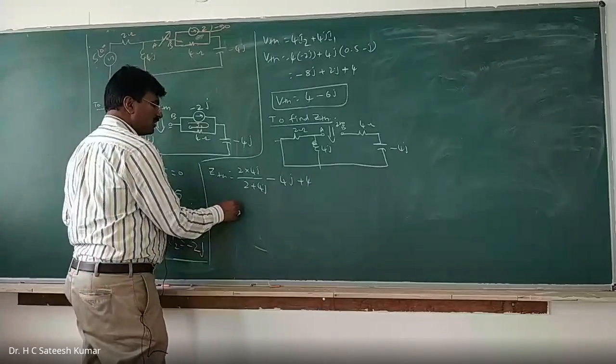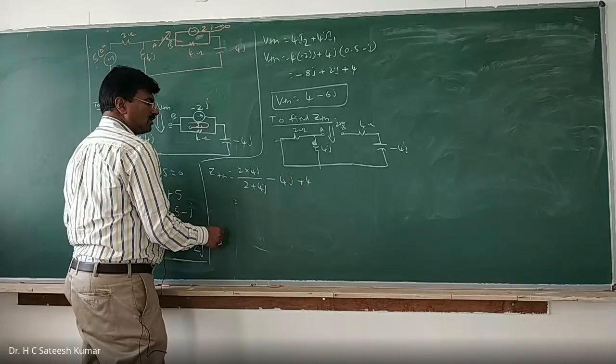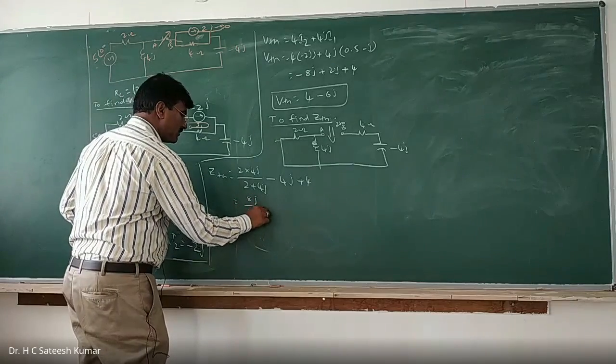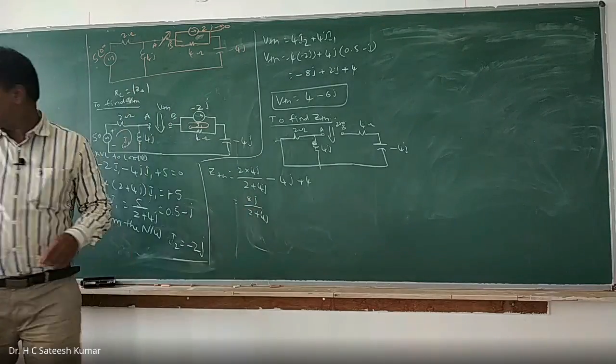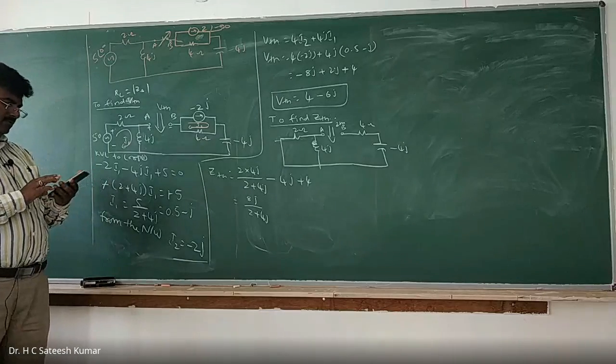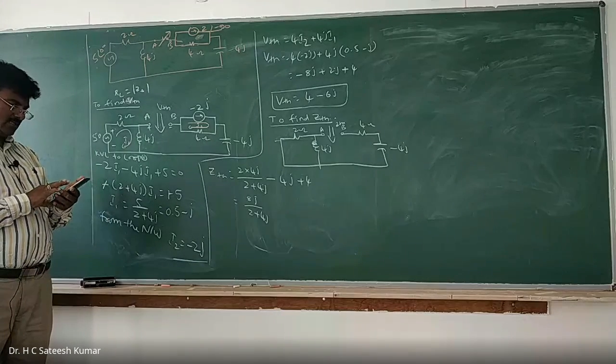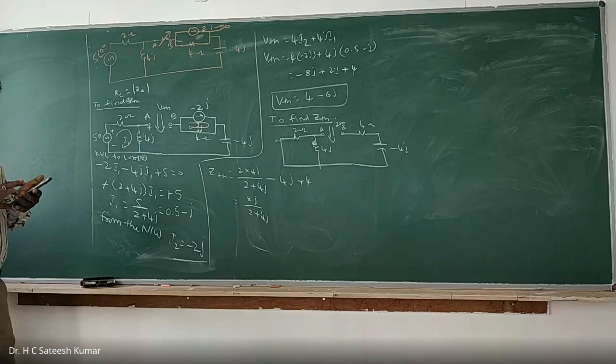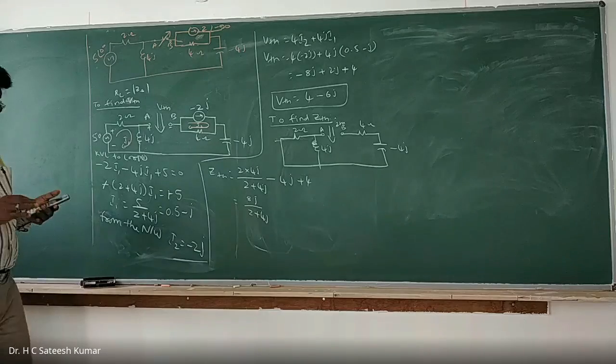Now how will you do that? 8j, you calculate that. 8j divided by 2 plus 4j, close the bracket, equals 1.6 plus 0.8j plus minus 4j plus 4 equals 5.6 minus 3.2j, na?